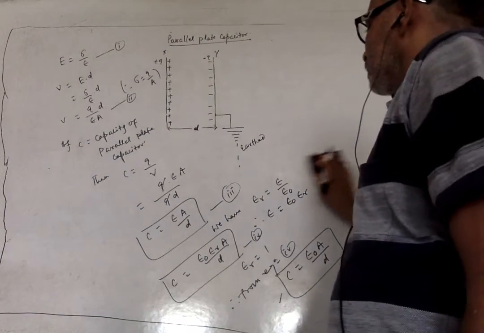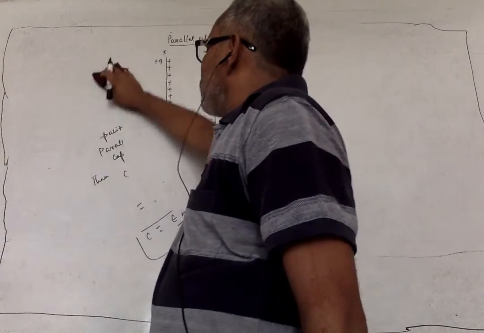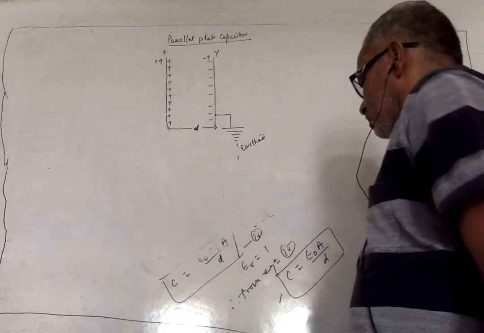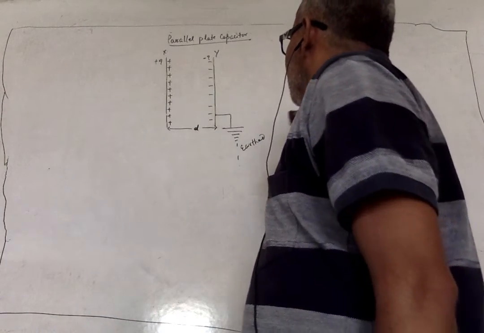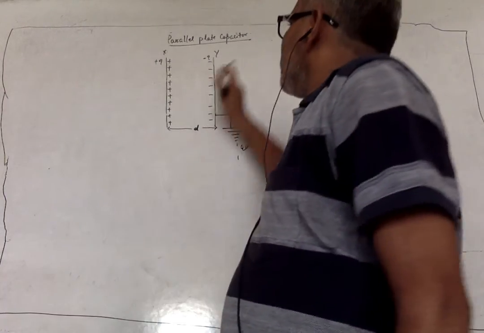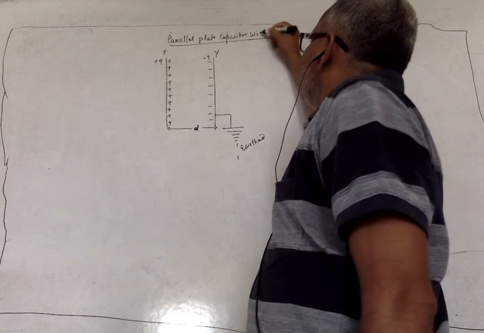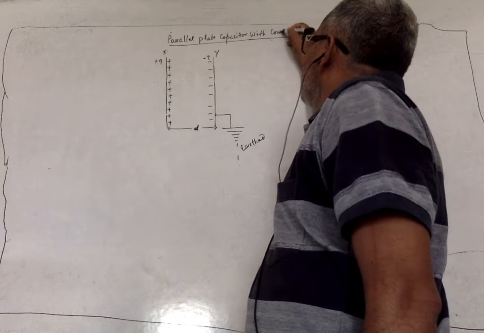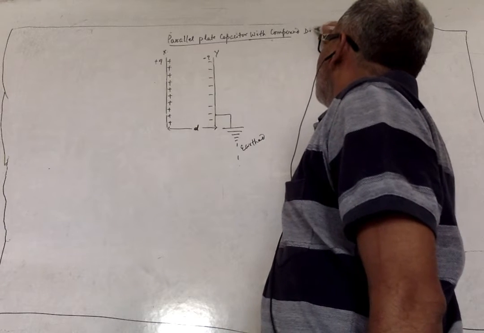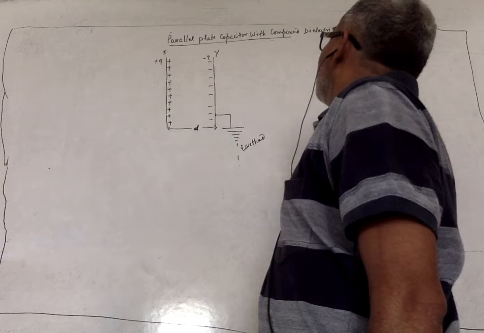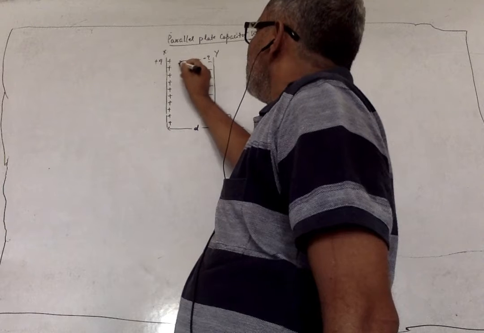Now we have to obtain the expression for capacity of a parallel plate capacitor with compound dielectric, that is, when an insulating material is inserted between the plates.